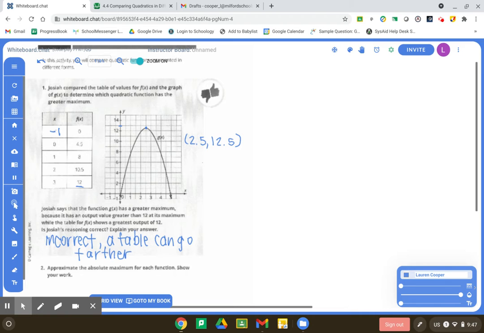So this does not have to stop at 3, and we'll do that over here, because number 2 says it wants us to find the maximum of each. So we know that for g of x the maximum is 2.5, 12.5.